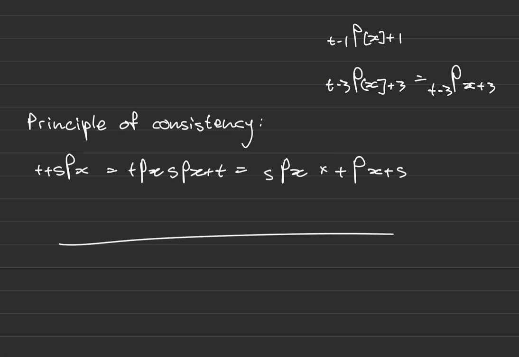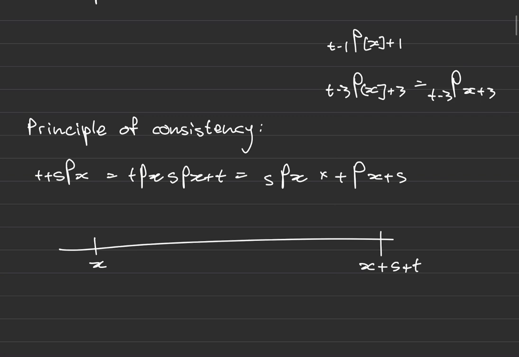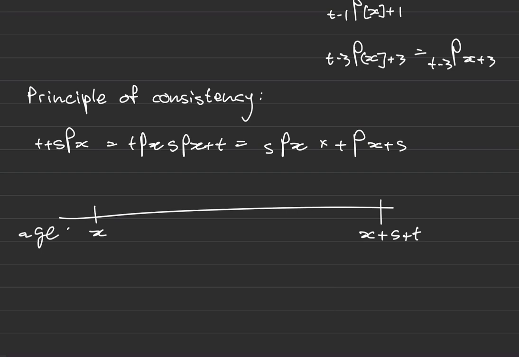So I have someone, this is a timeline, someone currently aged x, and then I want to see at age x+s+t. This is the probability that someone aged x survives all the way to that point, which is obviously equal to those two. Okay, now let's put age over there, and I'll put time over here. So this is time point 0 when they're aged x, and this is time point t+s when they're aged x+s+t.